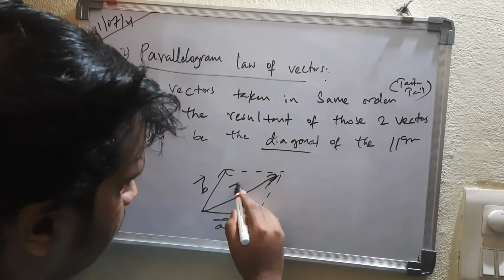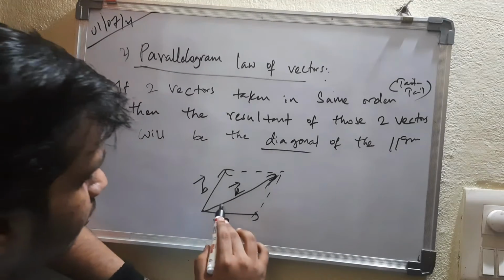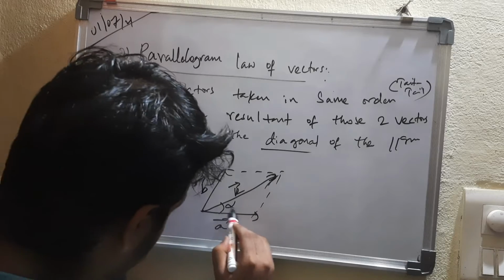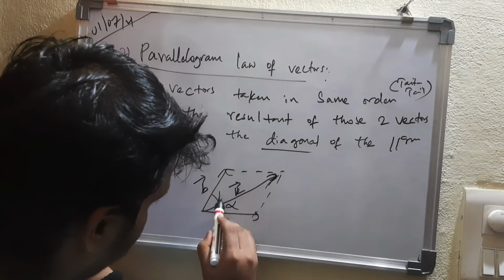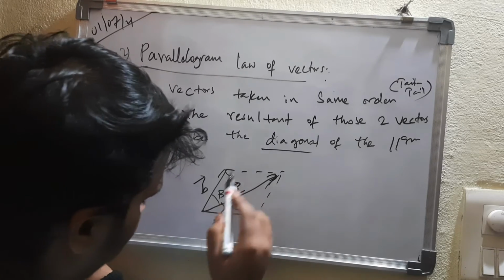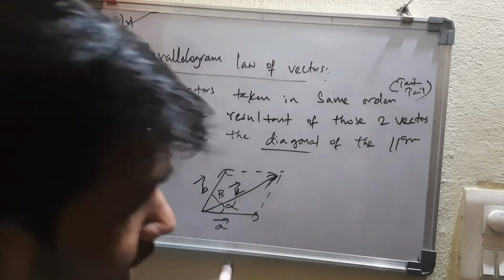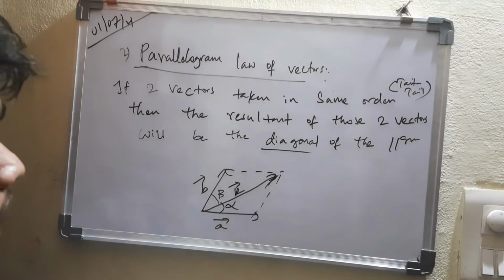This is the resultant. The angle made by the resultant towards A is alpha, towards B is beta. Okay, how to find the angle? I'll say in the analytical method of addition.